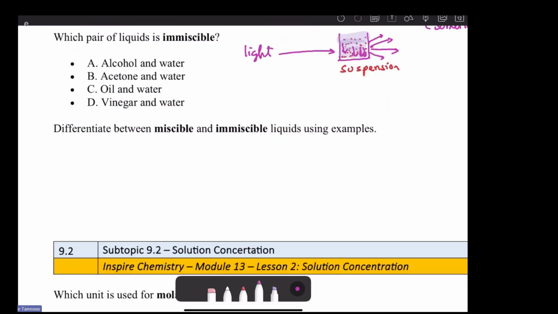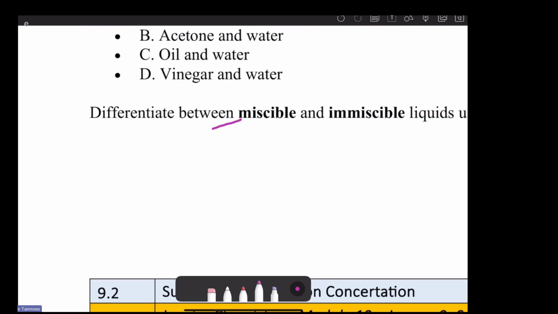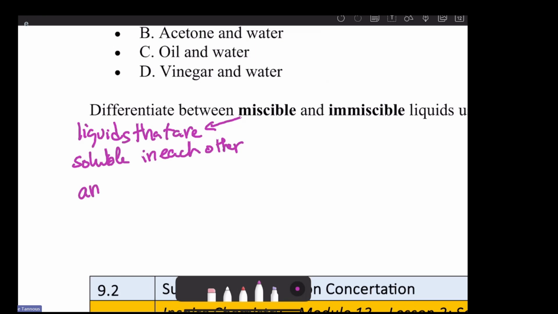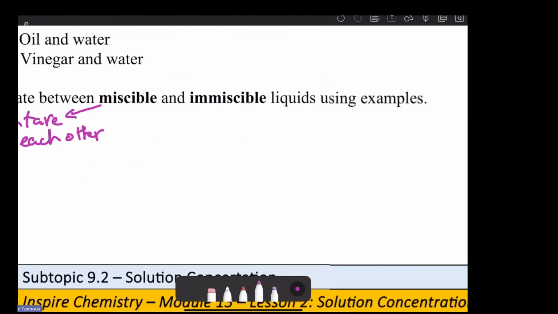So, miscible are the liquids that are soluble in each other and can mix. I told you in class, it's like mixable, miscible.